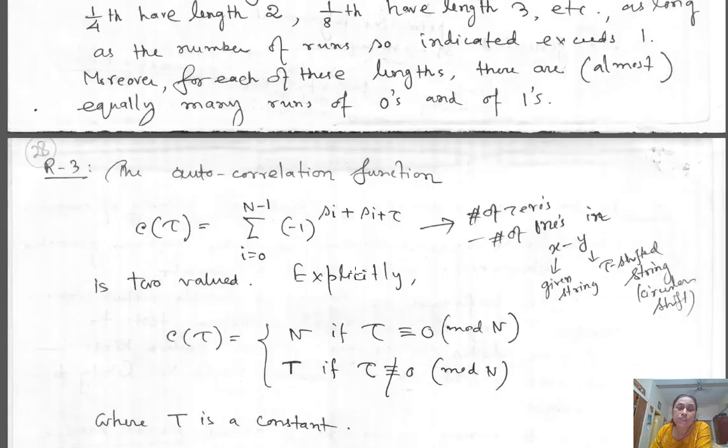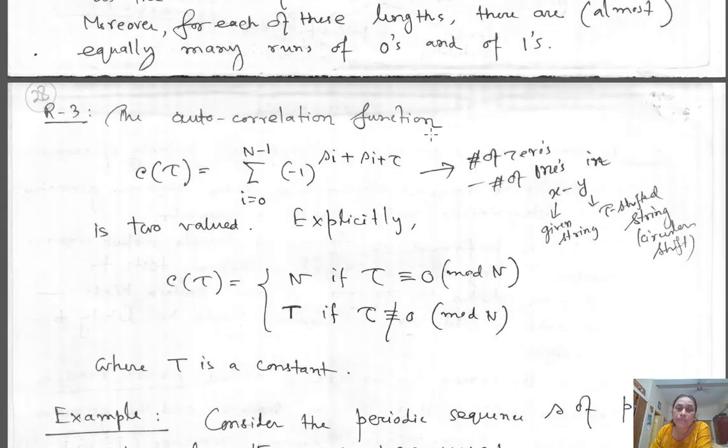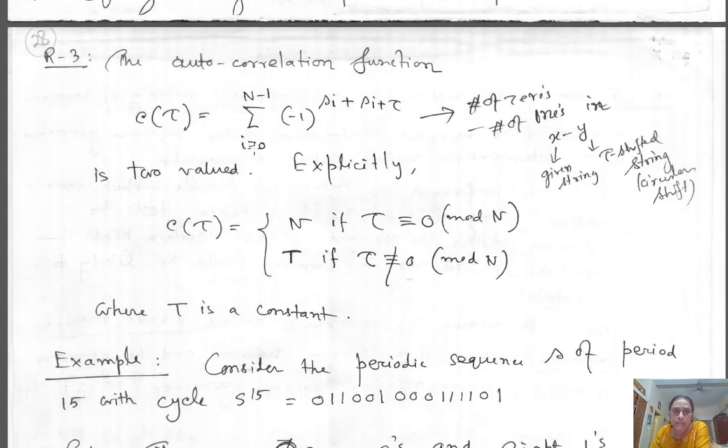The third condition is the autocorrelation function. As I said, whatever is appearing in one position is independent of the occurrence of a number in the other position. So this is called correlation, and this is the autocorrelation function.